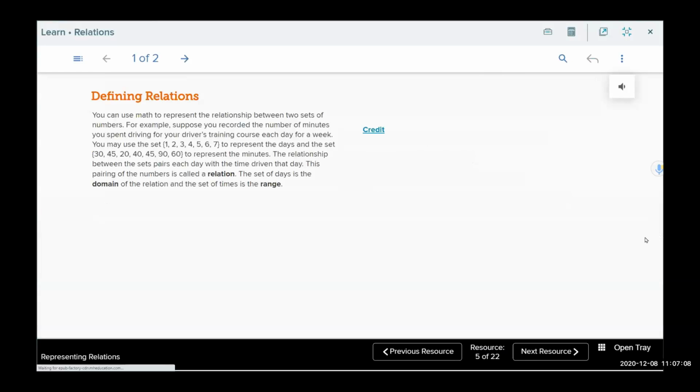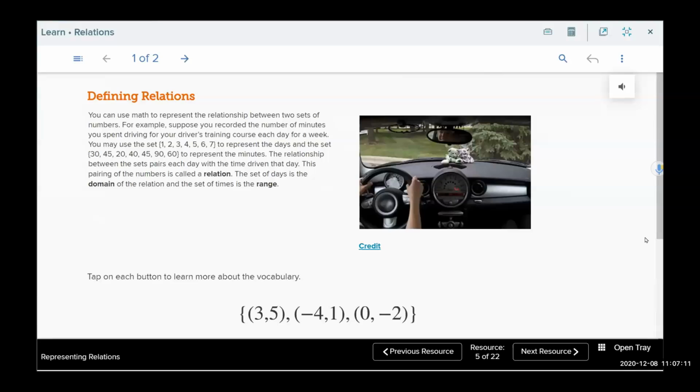Okay, so this is an example. The short definition of a relation is that it's a set of ordered pairs, but this is an example just trying to help us relate it to real life. Those ordered pairs are going to be numbers that somehow relate to one another. In this problem, they're talking about relating what day it is to how many minutes someone has driven.